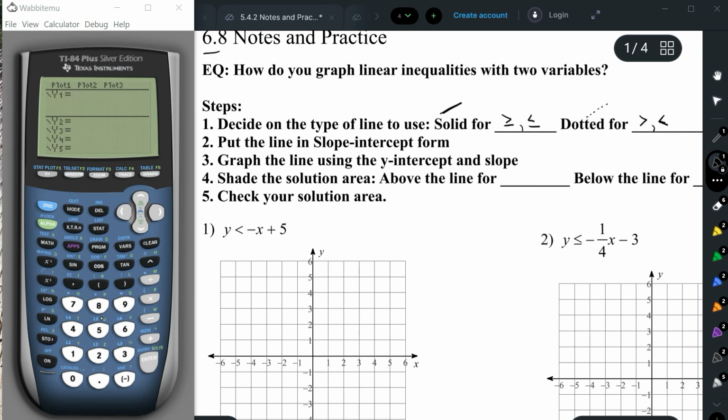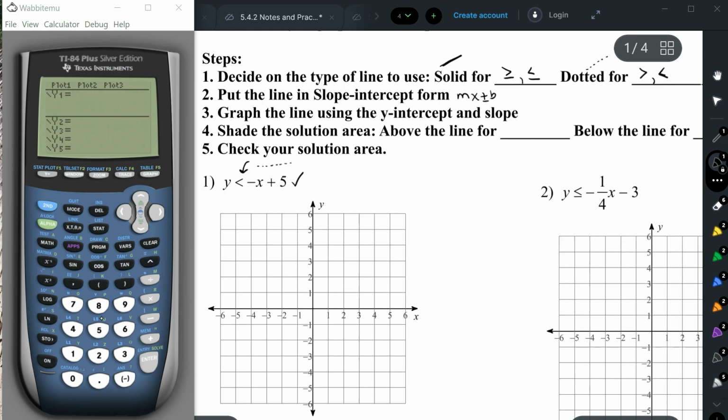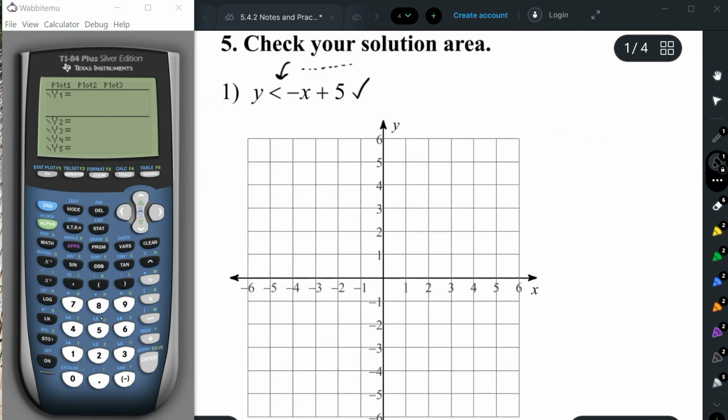So like for number 1 here, we have a less than sign, so we're going to use a dotted line, no equal to. Put the line in slope-intercept form, which is already done for us in number 1. Remember that is y equals mx plus b. That helps you graph. Graph the line using y-intercept and slope. So we're going to need to remember some of our graphing skills.